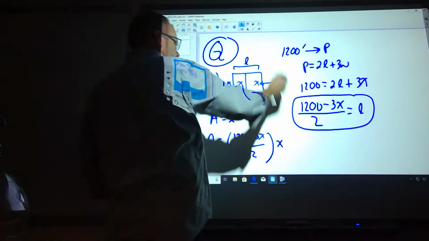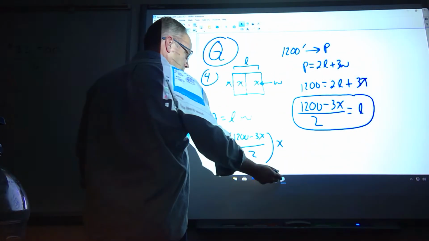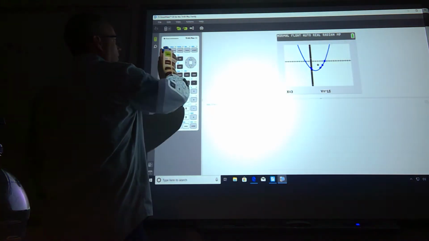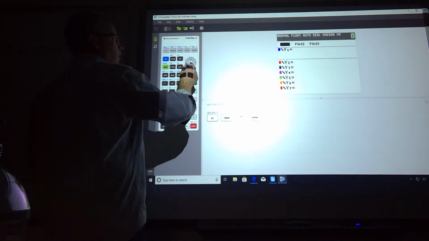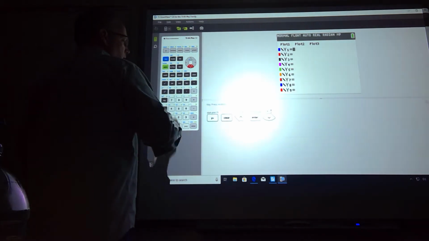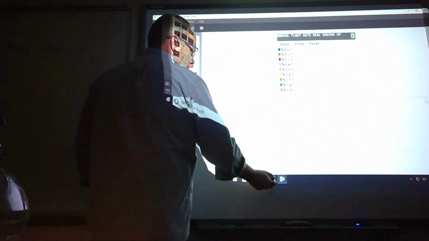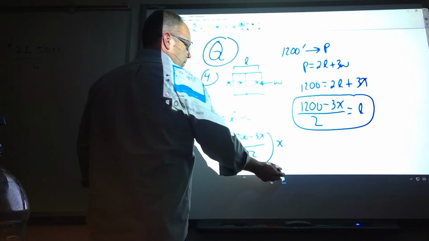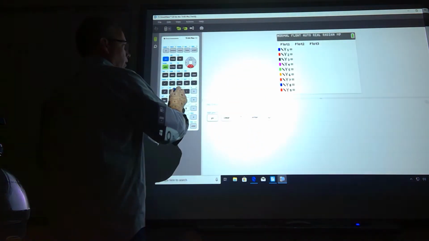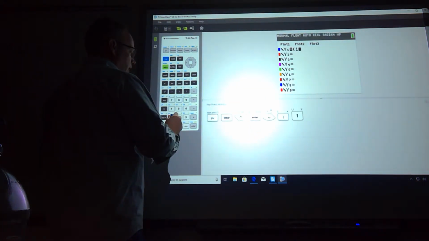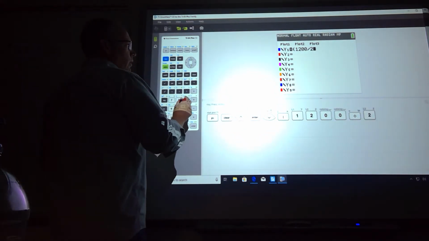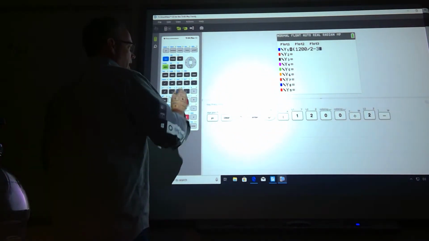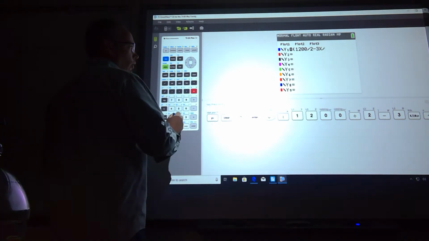So 1,200 minus 3x. I'm going to go y equals. Let's clear that out. Go up to my stat plot, turn that off, go back down here. I just forgot what I had. 1,200 minus 3x over 2. So I have 1,200 divided by 2 minus 3x divided by 2.